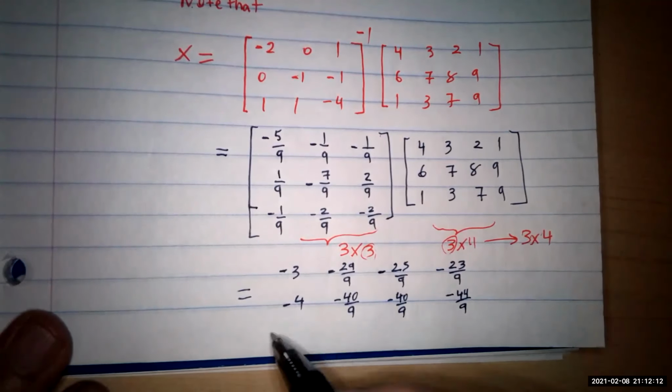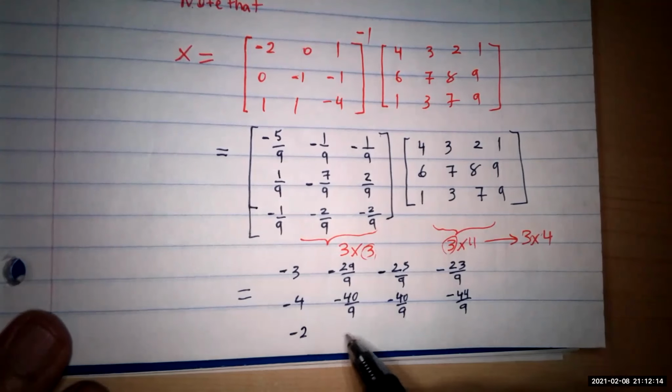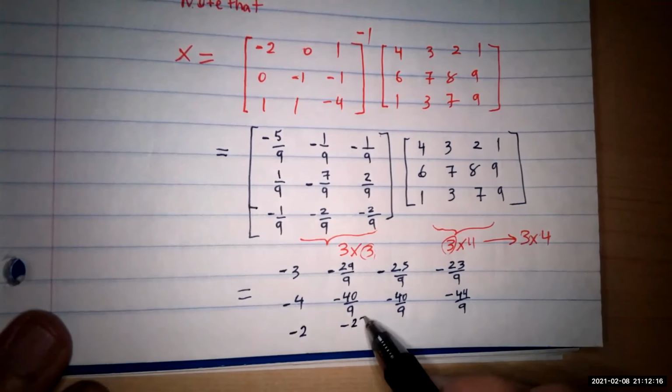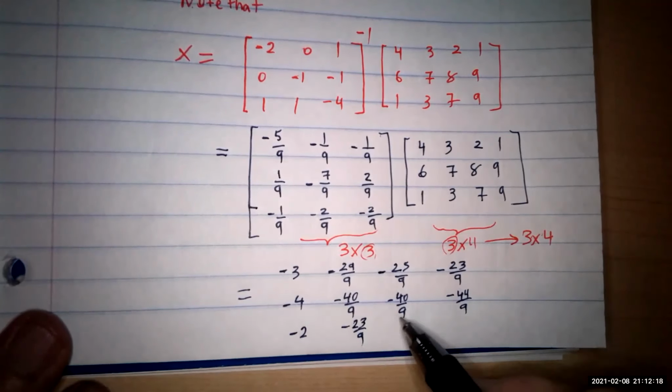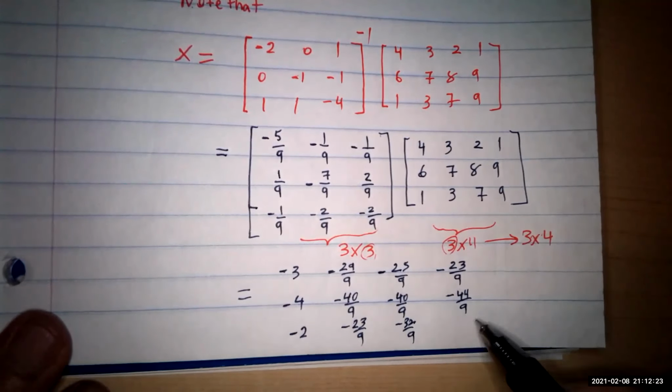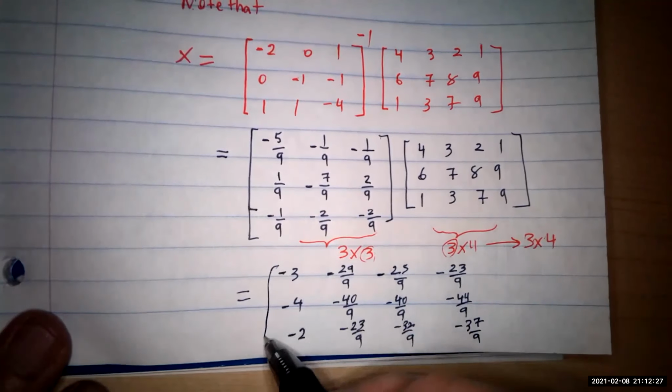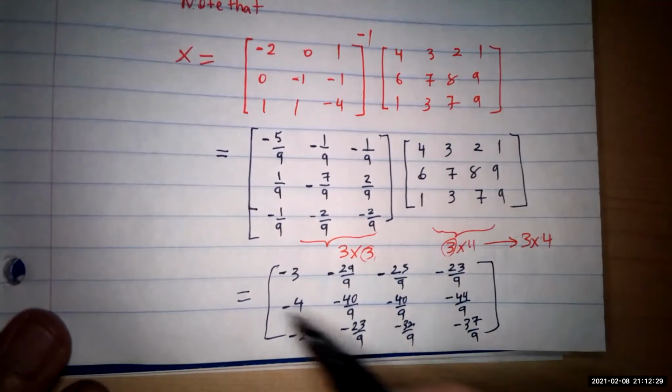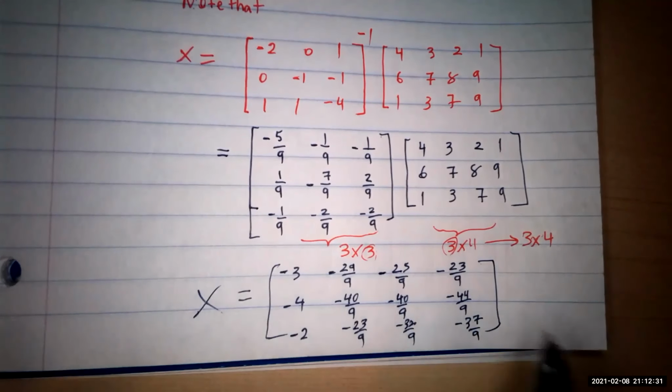And the last row is going to be negative 2, negative 23/9, negative 32/9, and negative 37. So that would be the final answer. This is going to be your X.